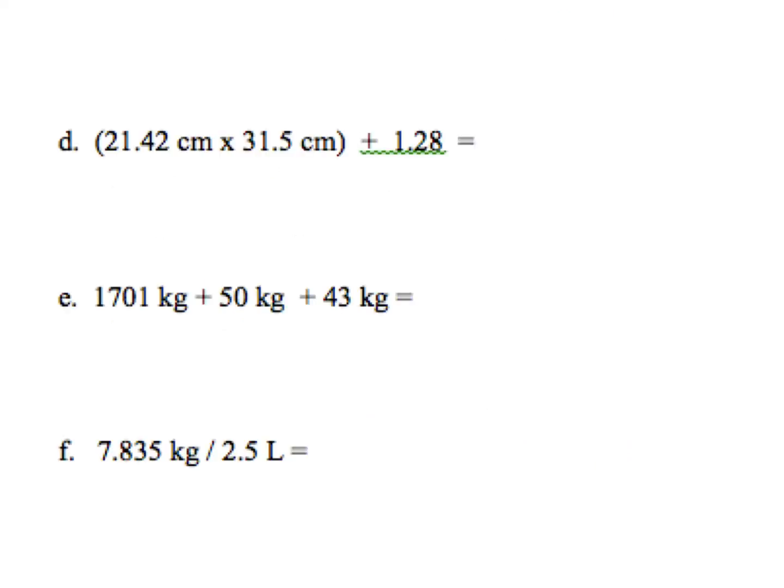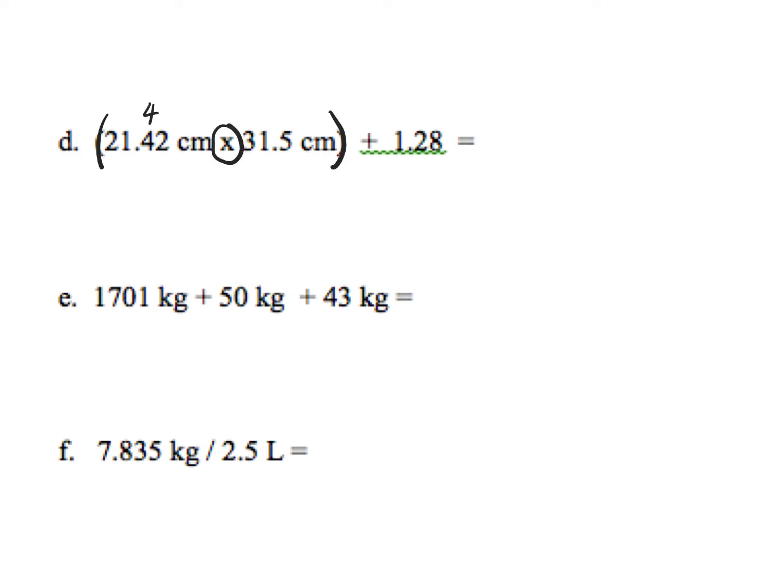Okay. When we have multiple processes in one equation, the significant figure rules apply to each step, right? So for the first one, we do the things in parentheses first, right? In parentheses is a multiplication.